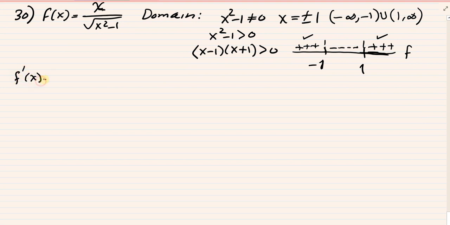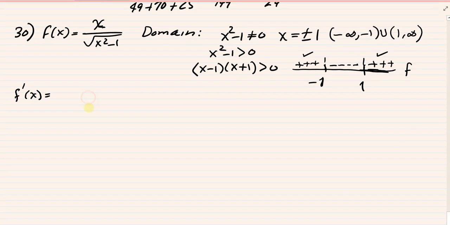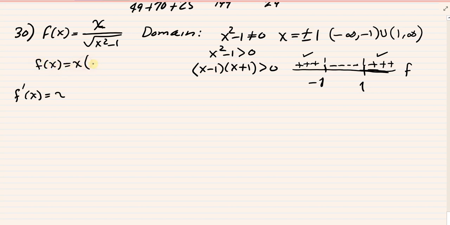F prime of x here is. Let's see, here's what we could do. I was thinking of doing the product rule. F of x is x times x squared minus 1 to -1/2.